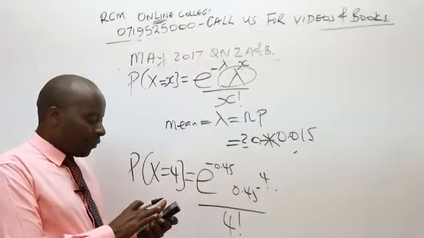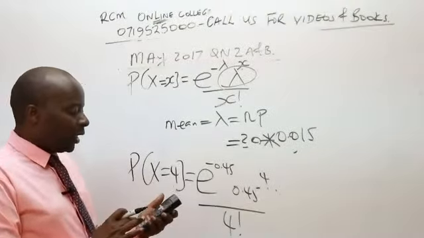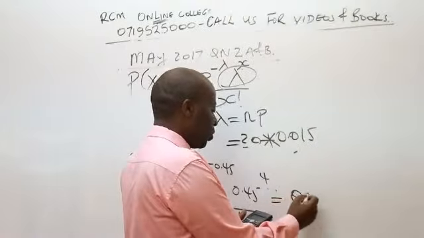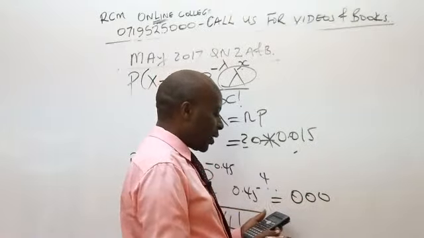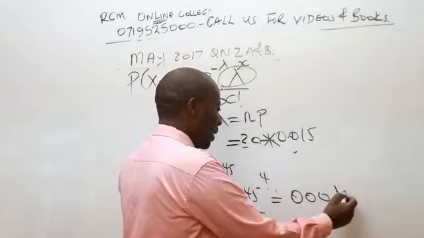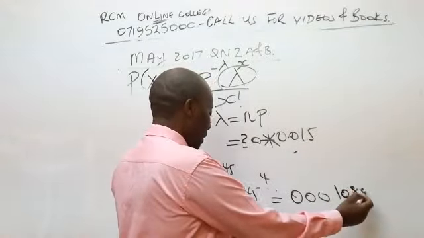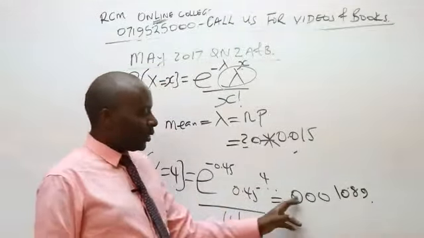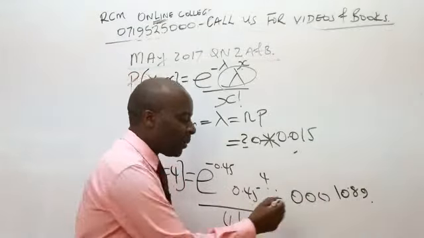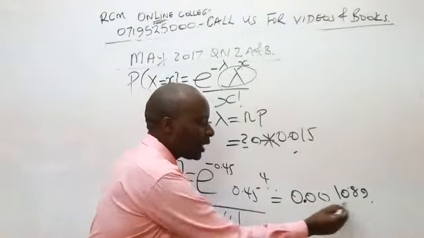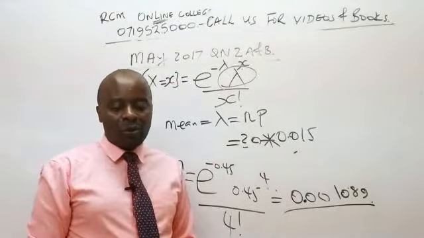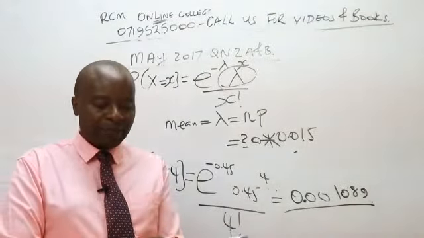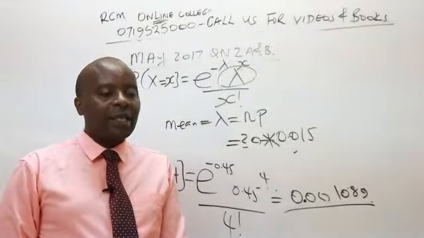Divided by 4 factorial, which at the end of the day gives us quite a very small probability, which has 3 zeros on the left-hand side, and then we have 1.089. So we have 1089 like that. Of course, I'll write the 3 zeros on the left-hand side, and then I'll plug in the decimal. That is the probability, a very small probability. So that is the answer to number 1.